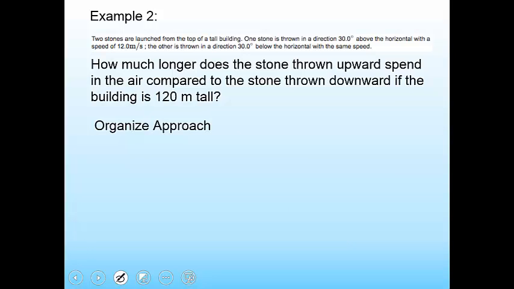Okay, so let's continue to organize our approach here. Now we know that V naught Y for 1 is 6 meters per second, and V naught Y for 2 is negative 6 meters per second. What we need to do now is figure out which kinematic equation we should use.